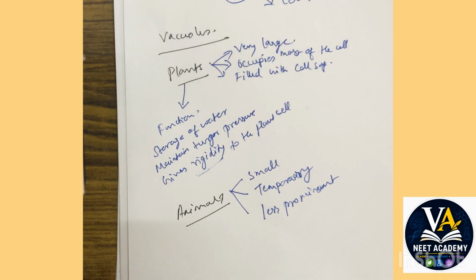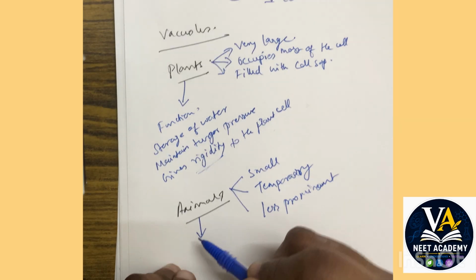So when you see the animal cell, they are present here and there and do not occupy much of the space.